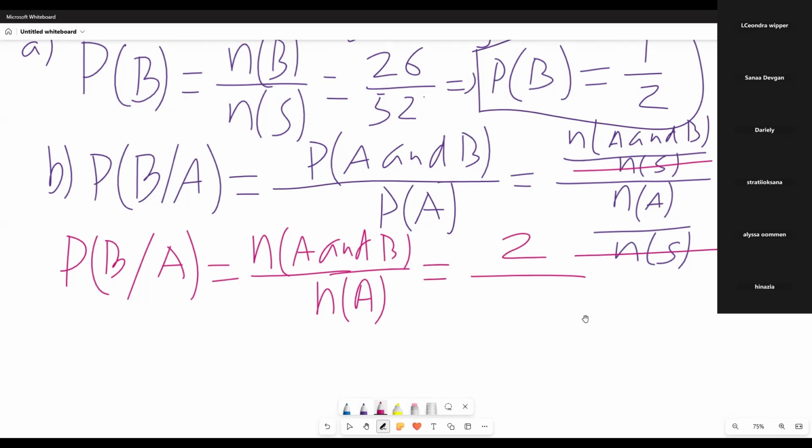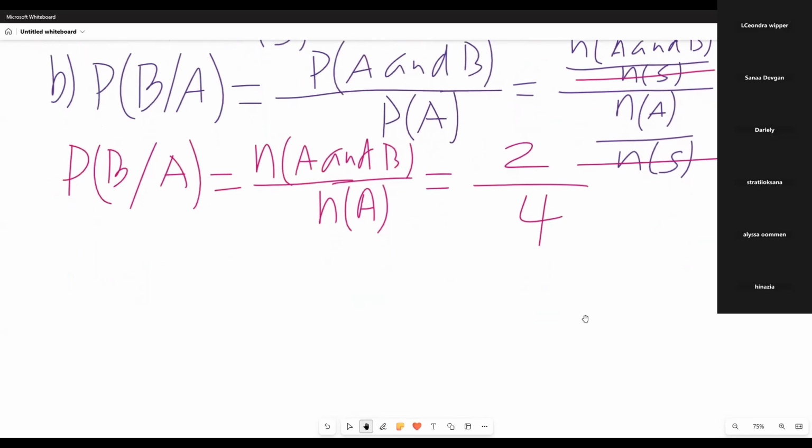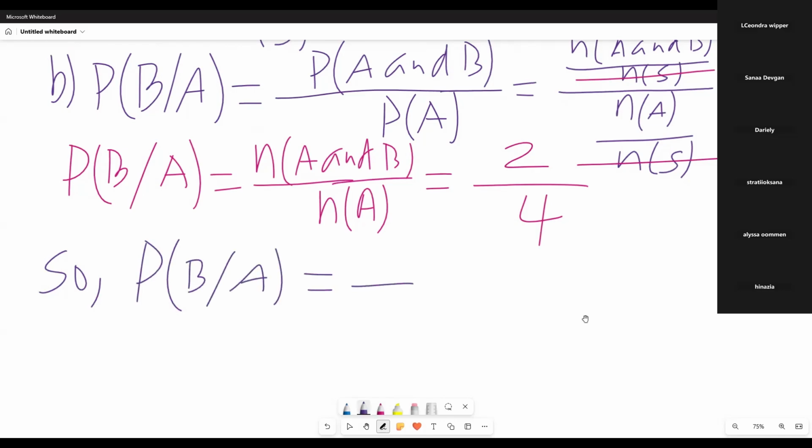N of A is 4. So P of B given A, simplifying it, is 1/2.